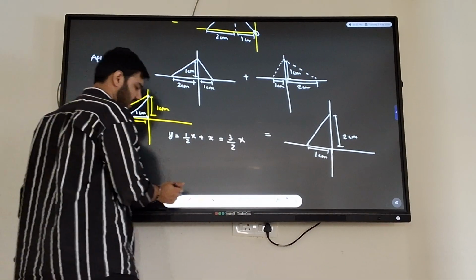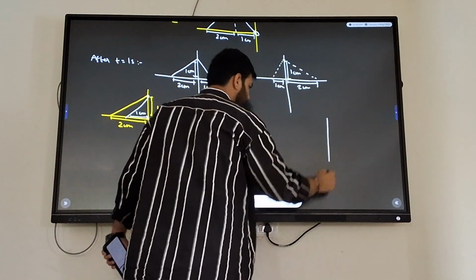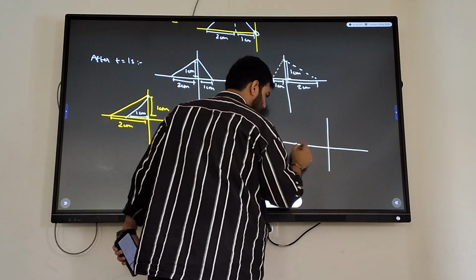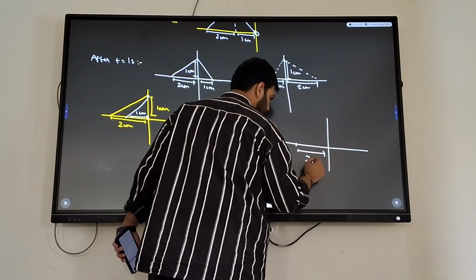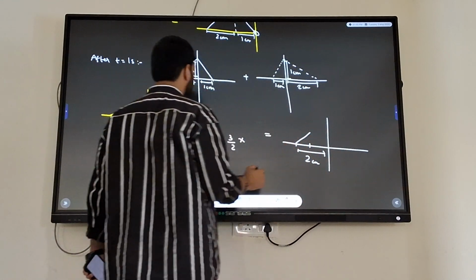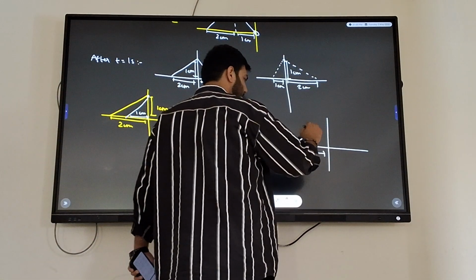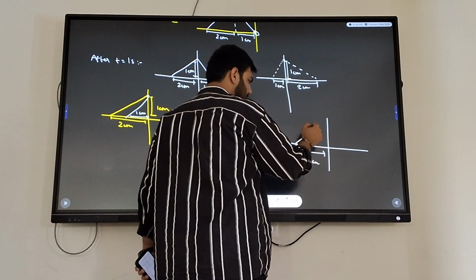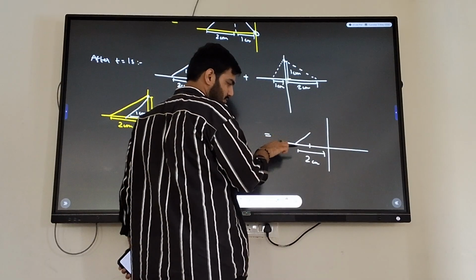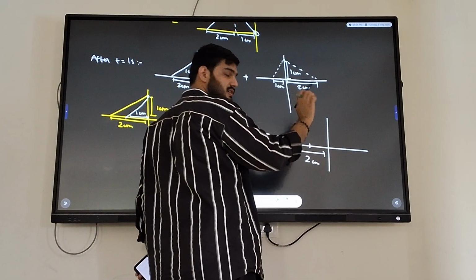So actually this diagram is not correct as well. So from this 2 centimeter, between here and here I think the slope will be 1/2, and then the rest of the slope will be 3/2. And then what will it look like? Half slope means smaller. Yes, downward.